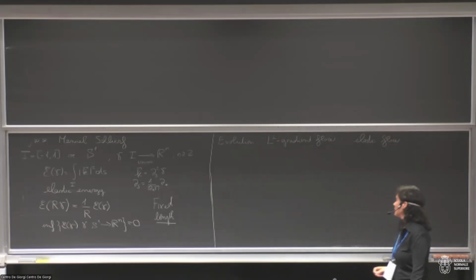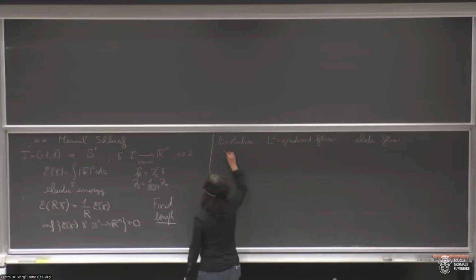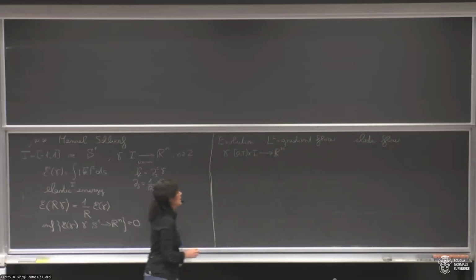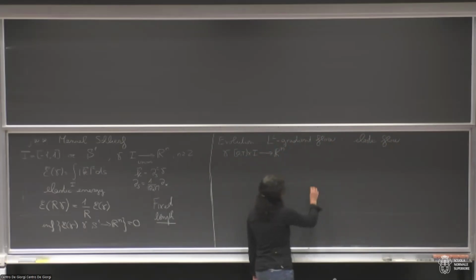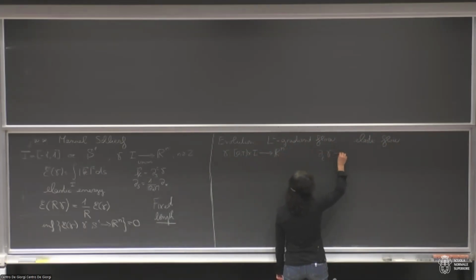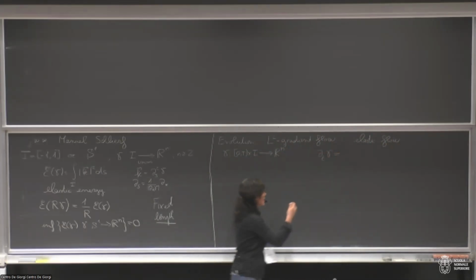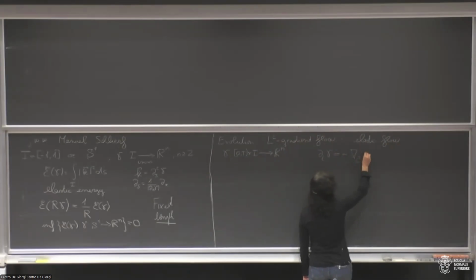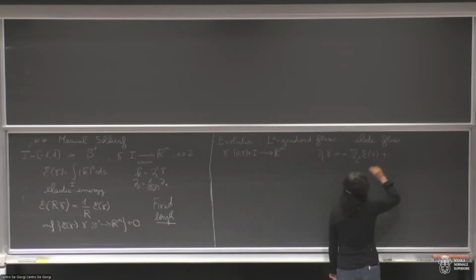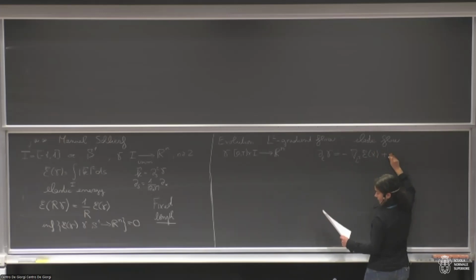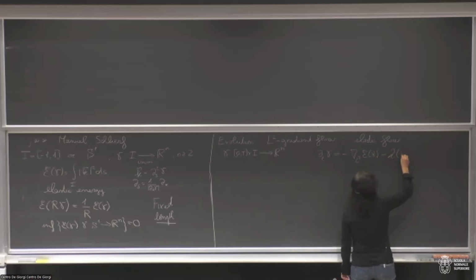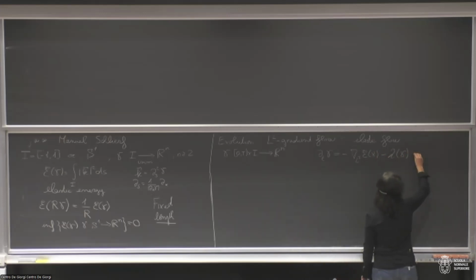So the L2 gradient flow of the elastic energy. So we look now at a family of immersions, depending now on time, defined on this interval I with values in R^n. And the evolution equation is that the curve changes in time in the direction of minus the gradient of the elastic energy. And let me add immediately, with the right sign, an additional term that I will explain immediately.